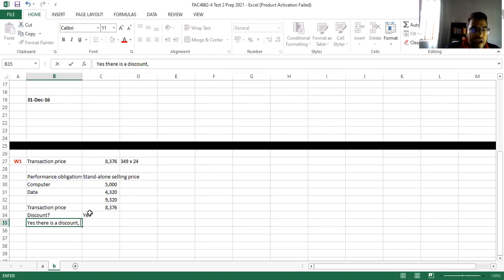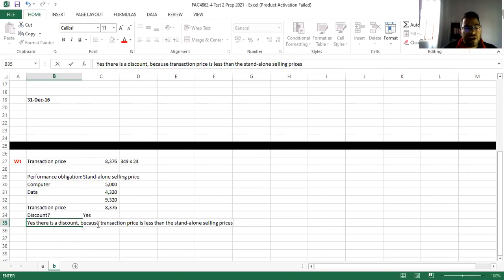There is a discount because the transaction price is less than the stand-alone selling prices. So just take note of that.